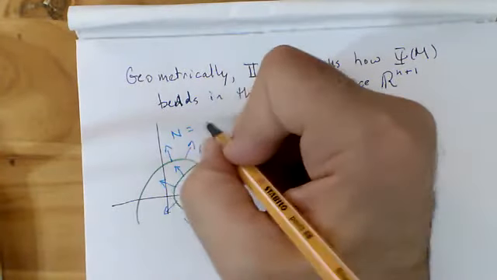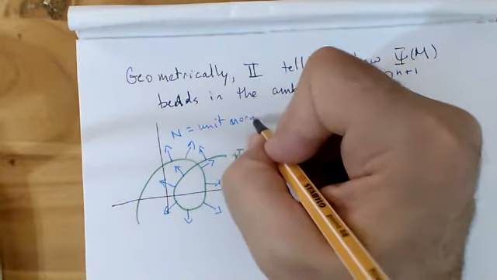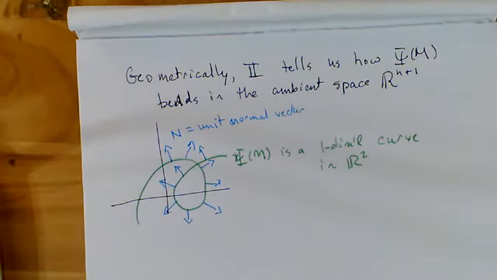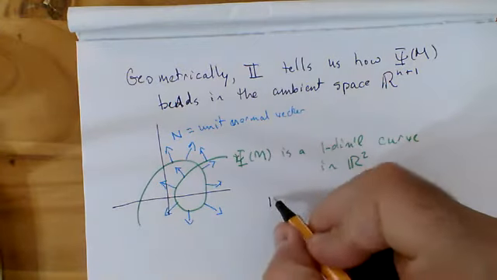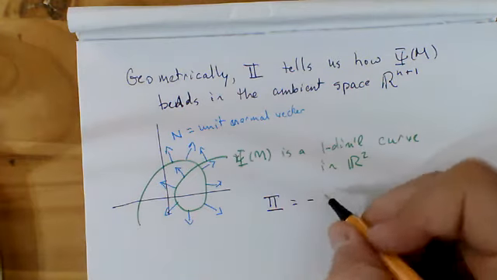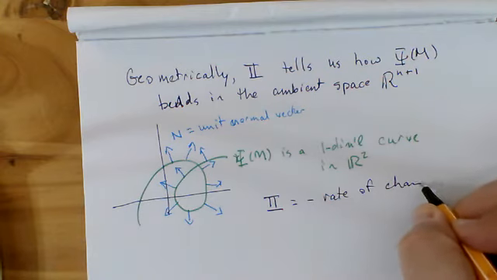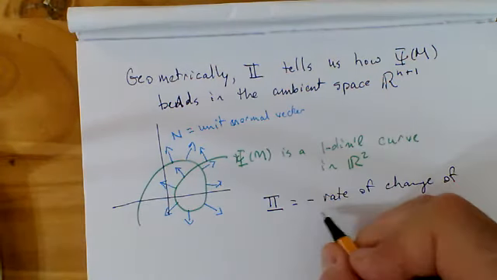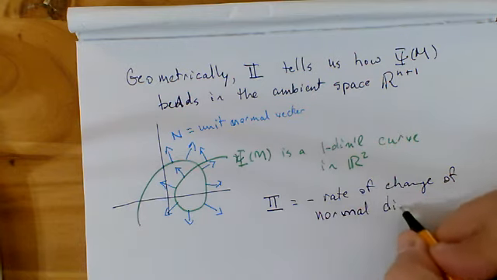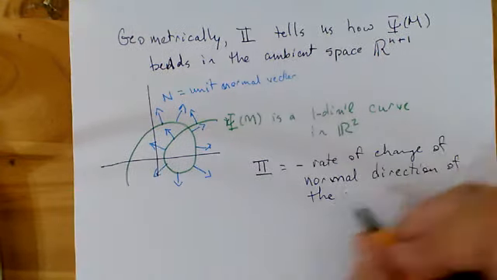In blue, I have my unit normal. I have my choice of unit normal. And what is my second fundamental form calculating? This is calculating minus the rate of change of the normal direction of the immersed curve.